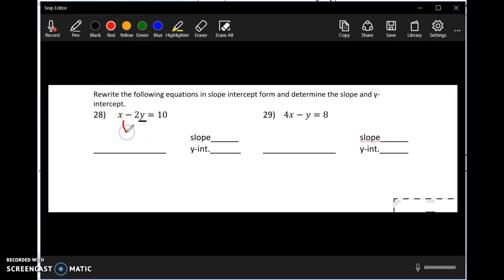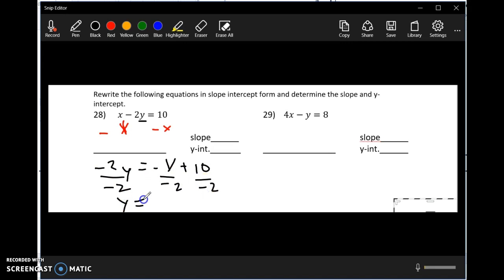The first thing I would do is subtract x from both sides. That's going to give me -2y is equal to -x plus 10. I'm then going to divide everything through by -2. I'm going to get y is equal to 1/2 x minus 5.